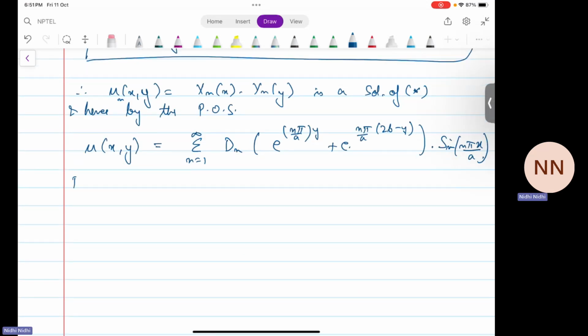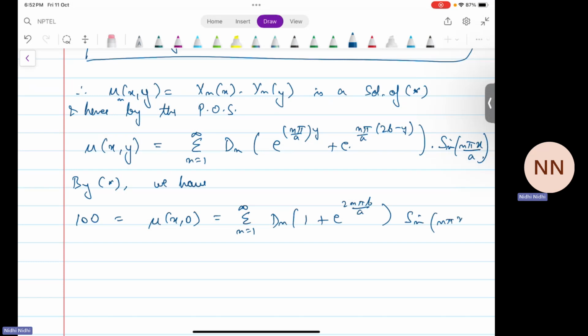So again by star we have 100 is equal to u(x,0), which is equal to summation n from 1 to infinity, at y equals 0, we have dn times (1 plus e to the power 2n pi b by a) times sin n pi x by a.